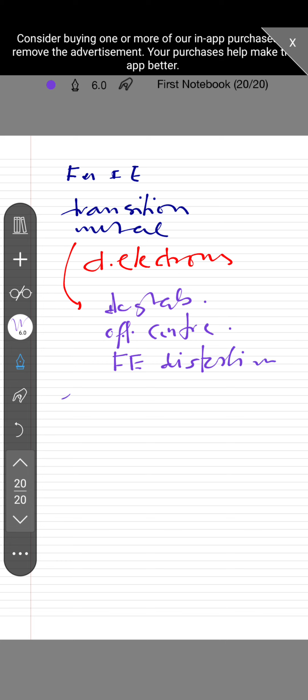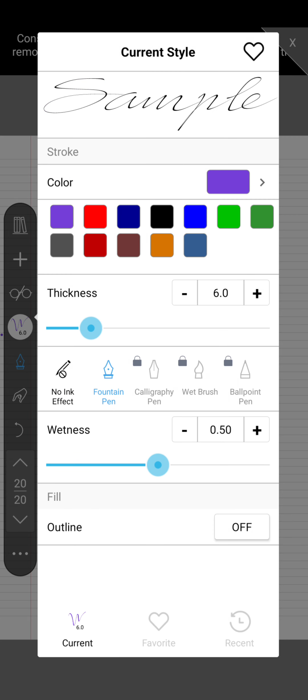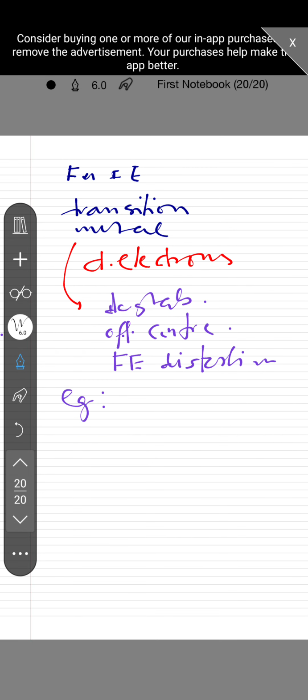And examples are BiMnO3 or yttrium MnO3.